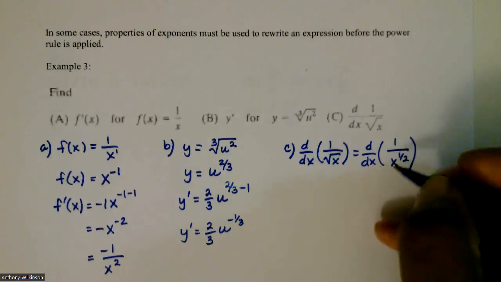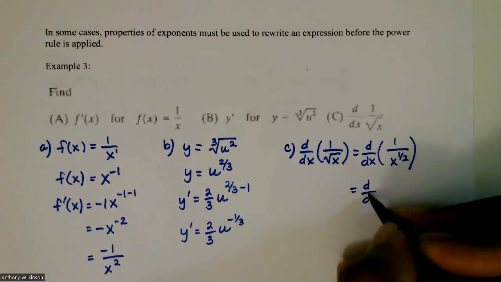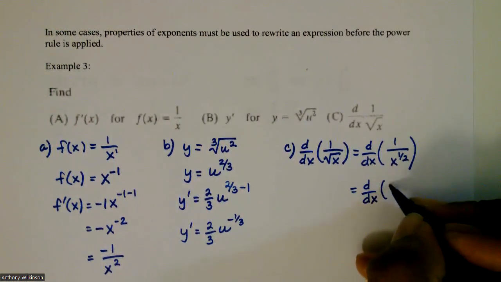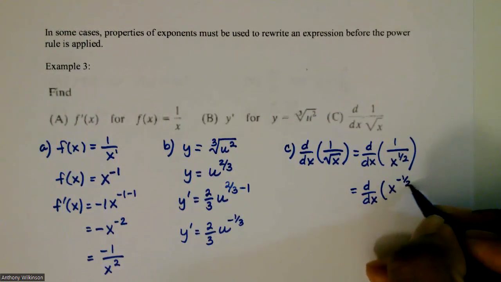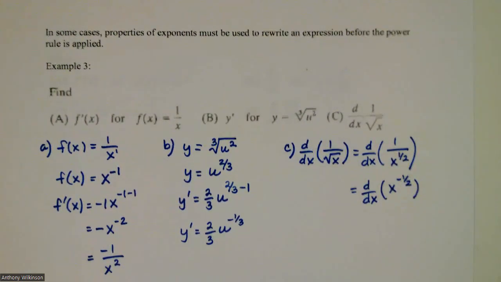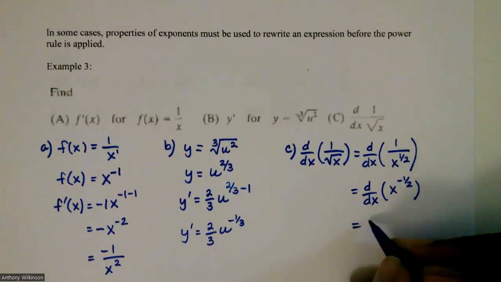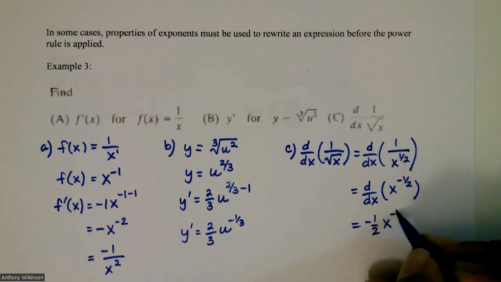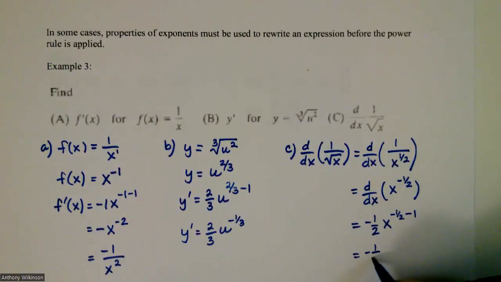Well, let's write 1 over x to the 1/2 power using negative exponents. So x comes out of the denominator, that 1/2 will become negative. So the derivative with respect to x of x to the negative 1/2, we just simply bring the power down in front, the negative 1/2, copy the x over to the negative 1/2 minus 1 power, because it's going to be to the 1 less power.